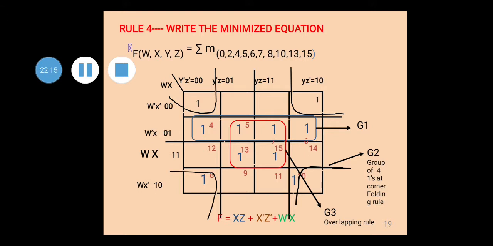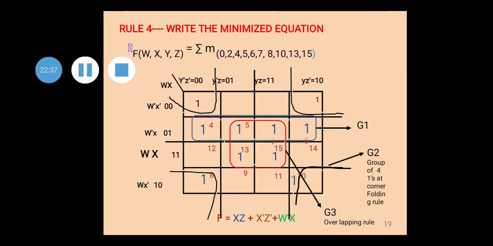Since the table is foldable, you can fold it column wise as well as row wise. Therefore all these four ones will come together to form a single group. That is group 2, which I have shown here. Then group 1 is a group of 4, and then group 3 is also a group of 4.